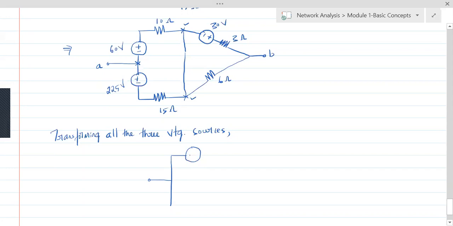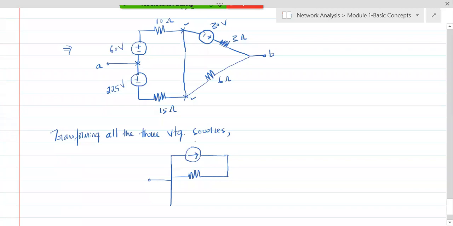Since the positive sign is at the top, the current source would look like this. If you bring it vertical, the arrowhead would be at the top, where this plus sign is. Fine. So this is how the current source would become, and in parallel with that you will have a resistor.